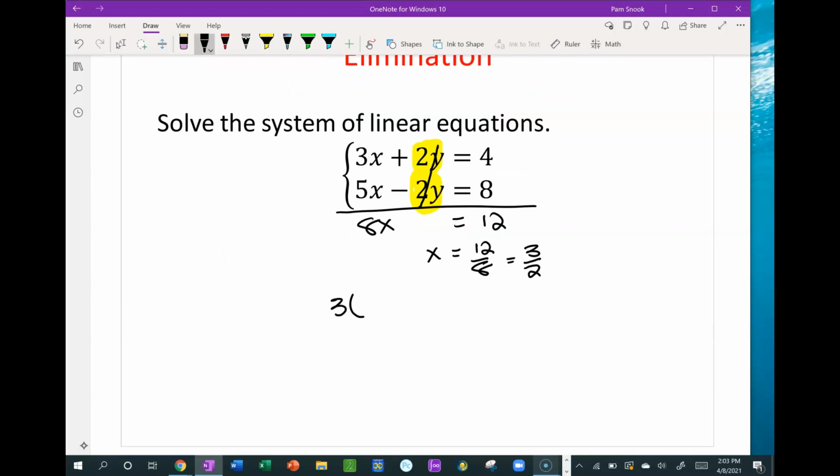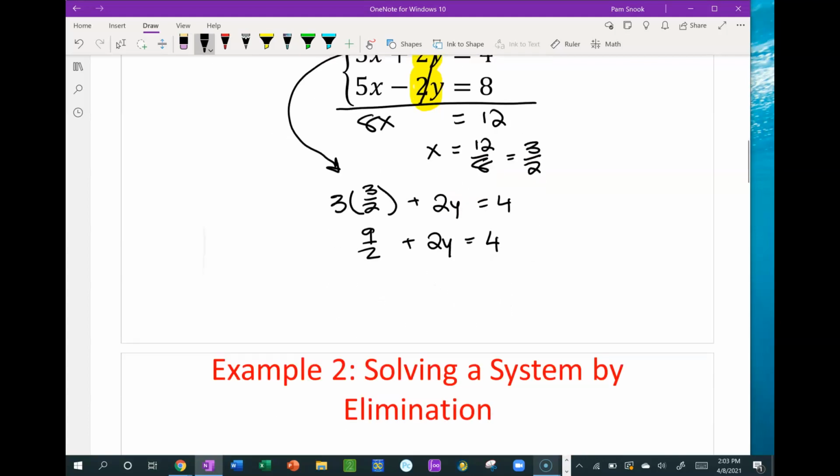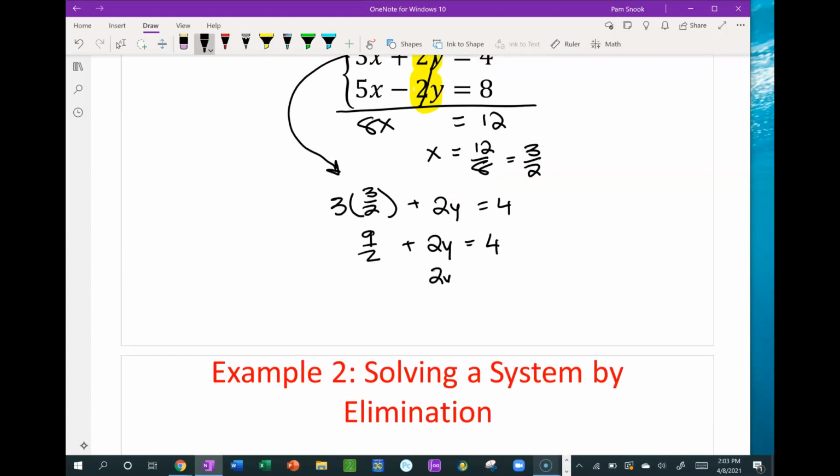So 3 times 3 over 2, I'm just using our first equation, plus 2y equals 4. So I just grabbed that equation and now I've just plugged in my 3 over 2. So I get 9 halves plus 2y equals 4. Now when I solve this, I'm going to subtract 9 halves from both sides.